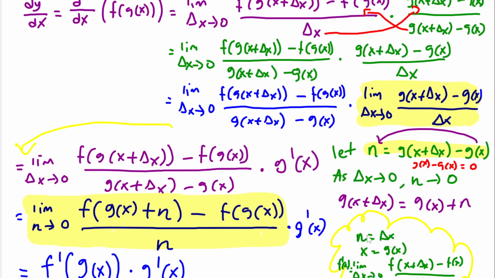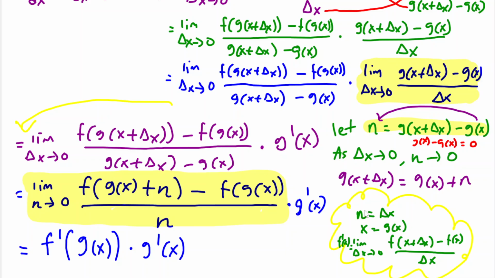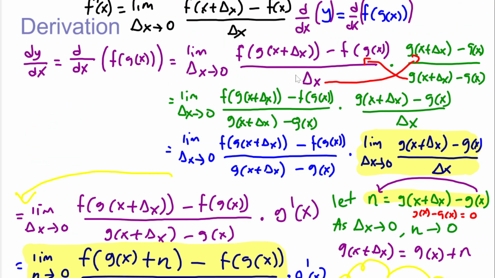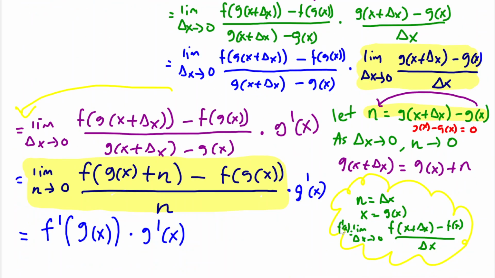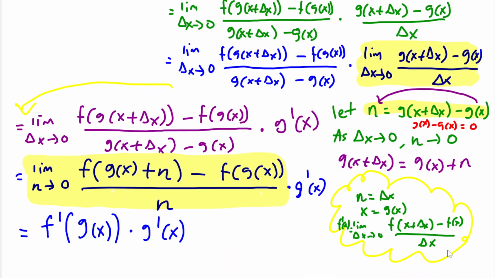So I'm just writing my thoughts, this is what I'm saying right now. This delta x is this n, and this g of x is this x. That's why it's in the thought bubble.